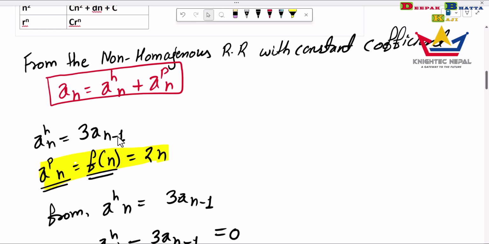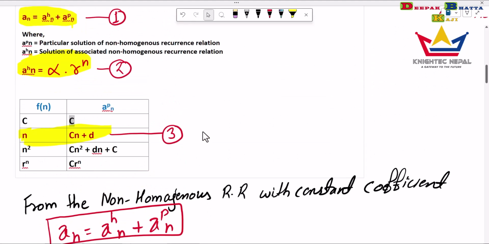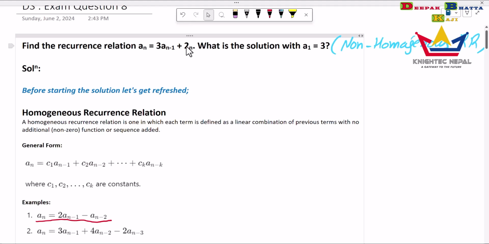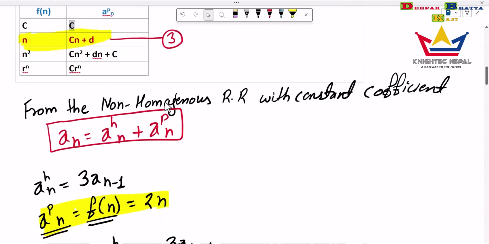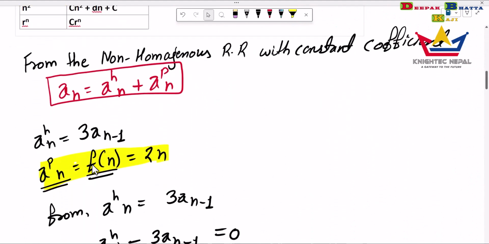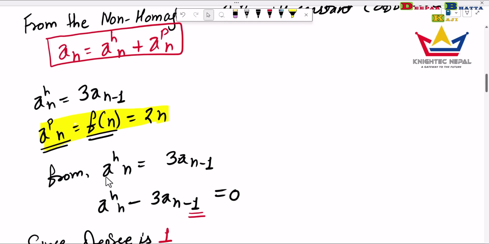From the given question, this is a_n^h, the first part, and in the second part there is plus 2n. This plus 2n is the additional function, or you can write f(n), or a_n^p equals 2n.